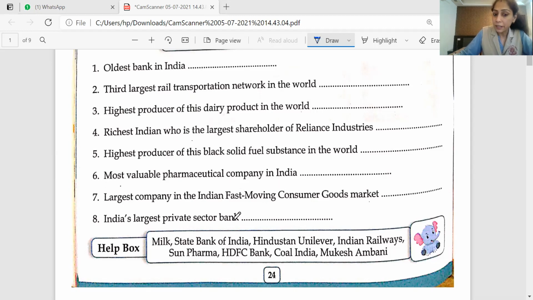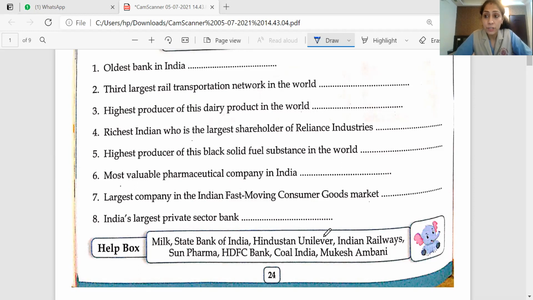Largest company in the Indian fast-moving consumer goods market. That is your Hindustan Unilever. You can notice this name on many of the soaps.